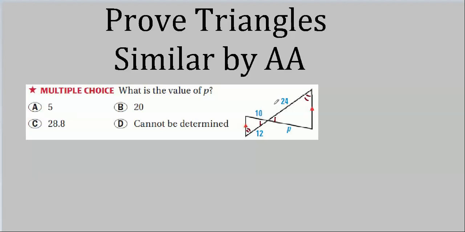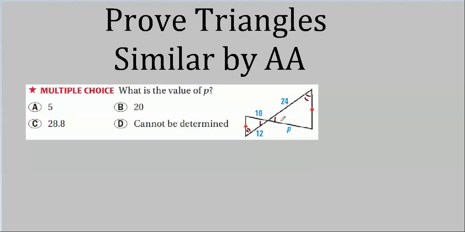Now that we have similar triangles, we just have to identify our corresponding sides. The corresponding sides are in the same ratio, but is it this side and this side, or this side and this side? Well, if you want to match them up, look at the congruent angles. This is opposite this angle. This is opposite this angle.